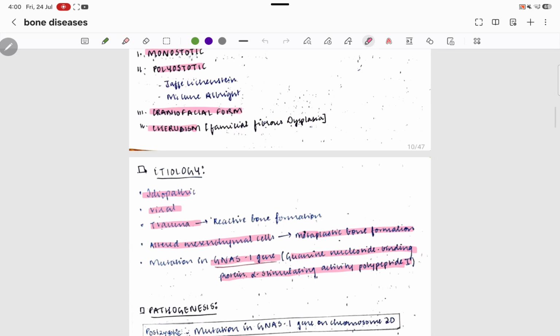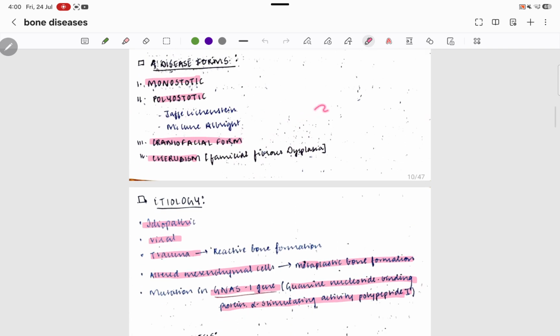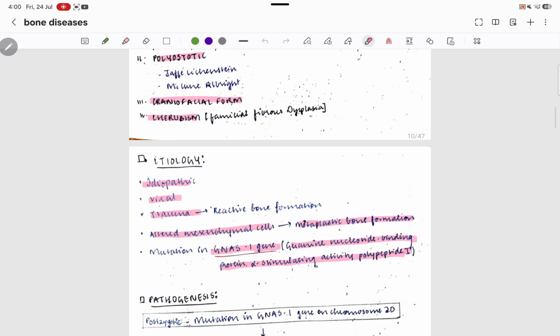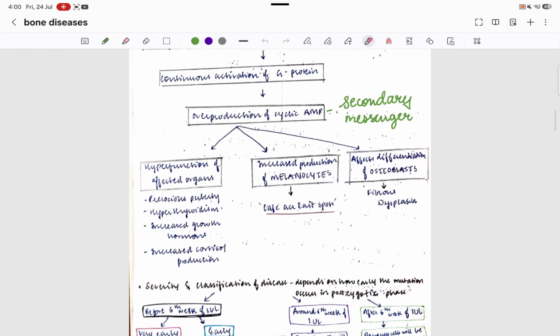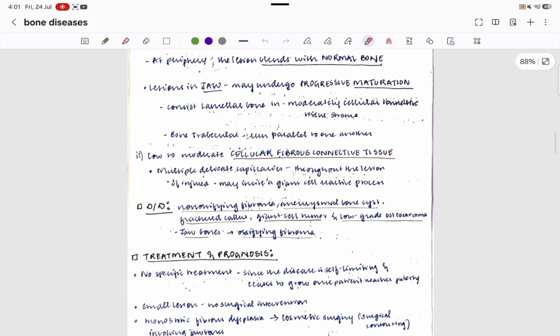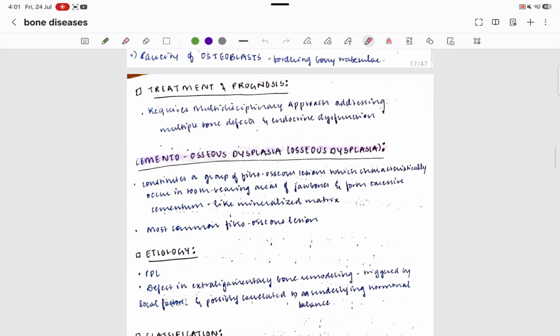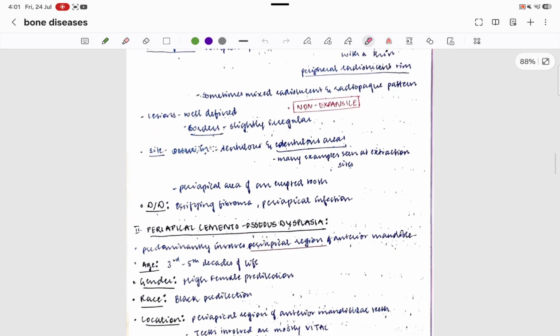We discussed that as well, and then we discussed the craniofacial form, where this fibro-osseous dysplasia occurs in the face and the cranium. Now what we are going to discuss in detail is cherubism. All this we have discussed earlier. Let us directly take a deeper dig into cherubism.